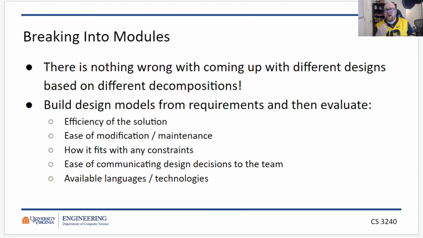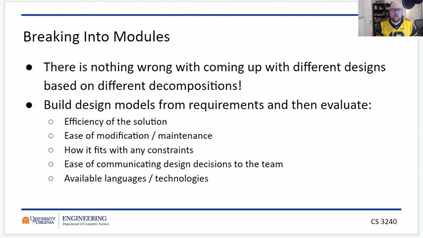I want to be clear that if two people are given the same task and they decompose the problem differently, there's nothing wrong with that. It is possible that both people produce systems that are modular, that have high cohesion and low coupling, but that look different. And that's fine. Given any problem, there is no one perfect design.